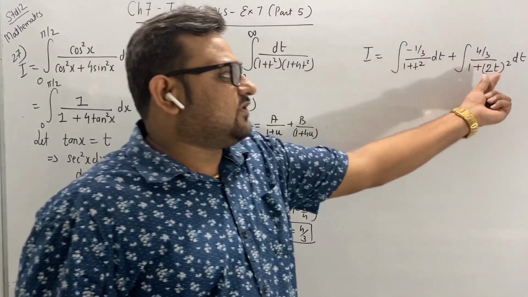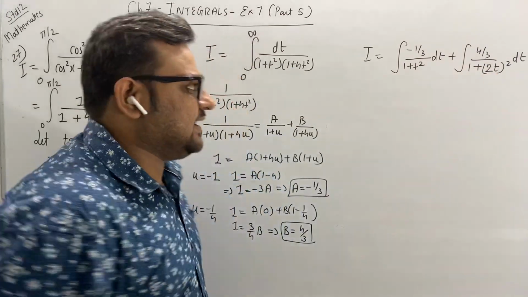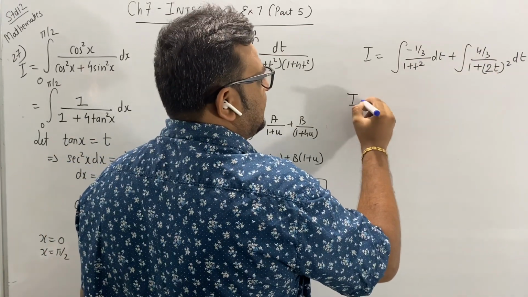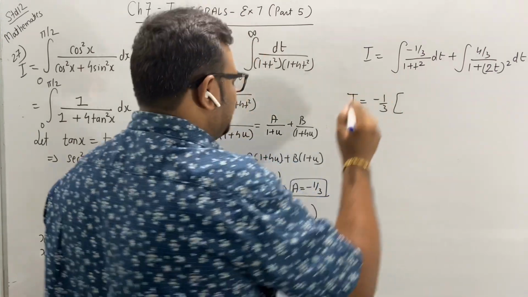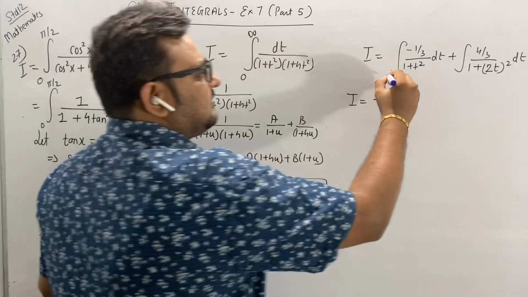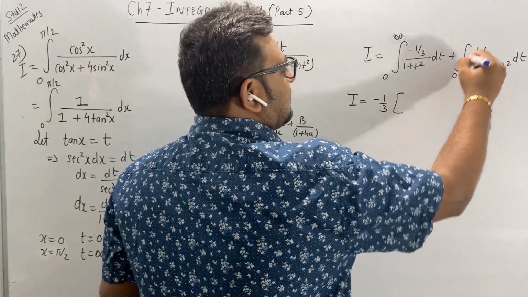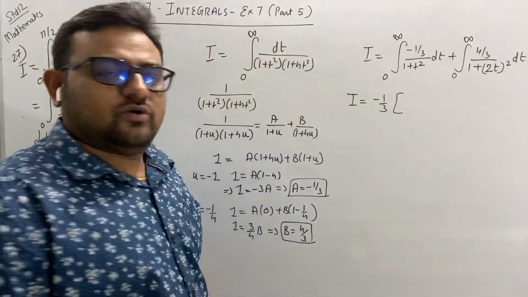So (2t) whole square will be equal to 4t square. So I will be equal to minus 1 by 3. I just forgot to put the limit 0 to infinity.